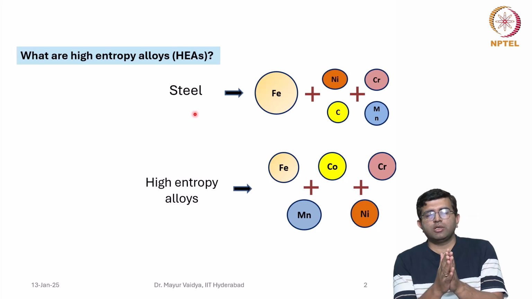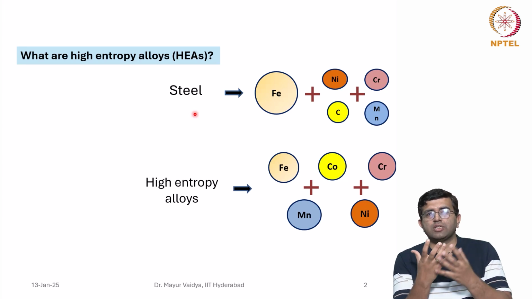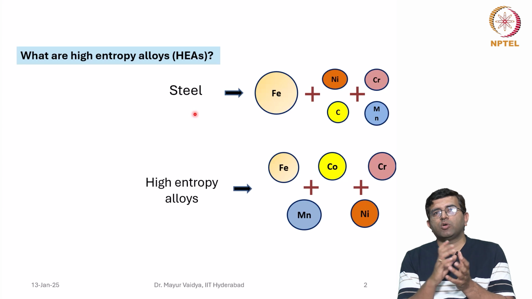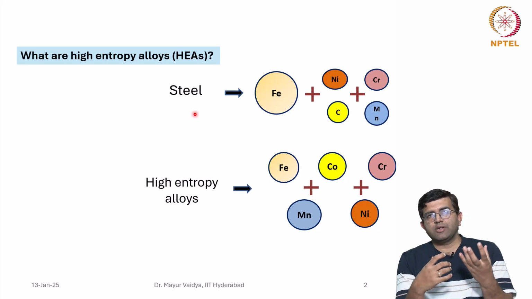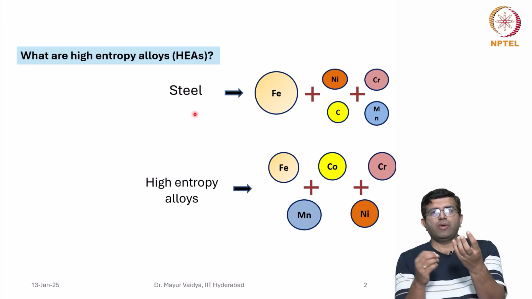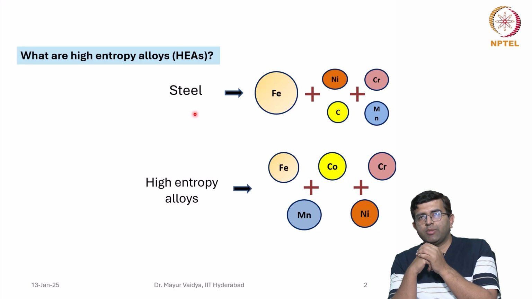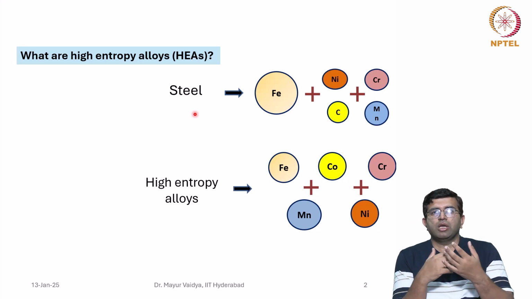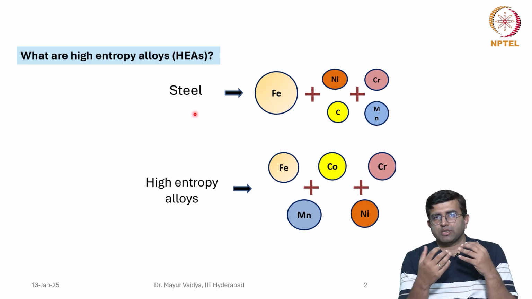In certain steels, you have iron a little less, but still it is the major component. So, all conventional alloy design relies on having one principal element and adding small amounts of elements to it as alloying additions in order to enhance certain properties.